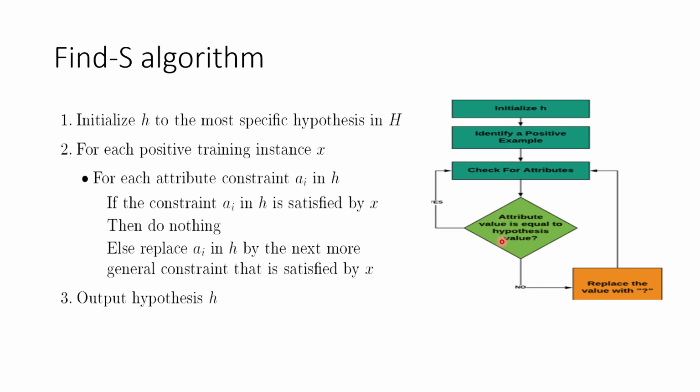This can be represented in a chart in this way. Initialize, identify the positive examples, and check the attributes. If the attribute value is equal to the hypothesis value, do nothing. Otherwise, replace that value with the question mark.